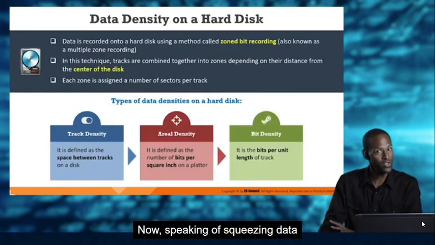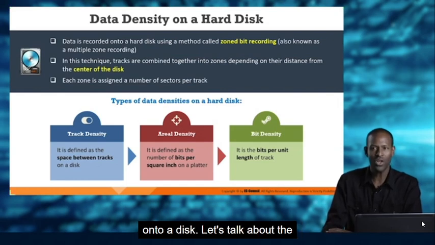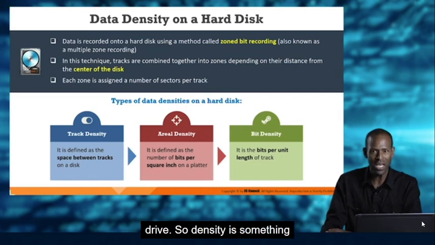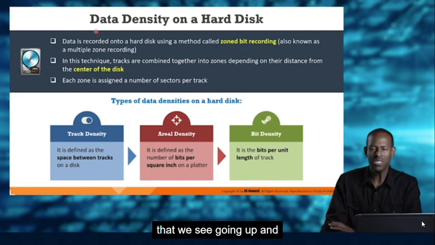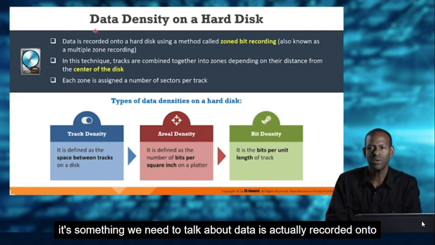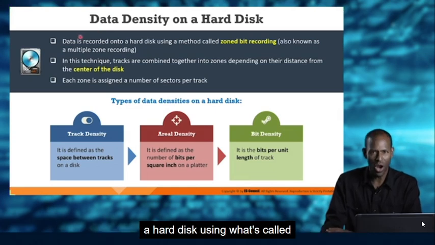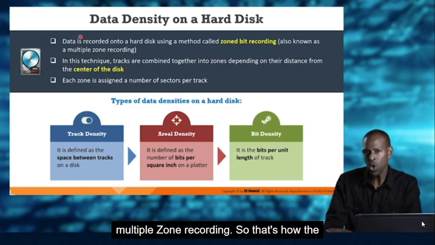Now, speaking of squeezing data onto a disk, let's talk about the density of data on a hard drive. Density is something that we see going up and up over time, and so it's something we need to talk about. Data is actually recorded onto a hard disk using what's called zoned bit recording or multiple zone recording.